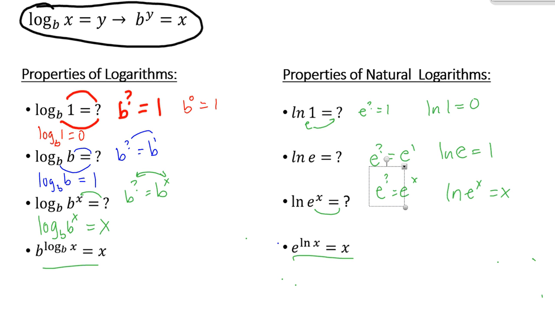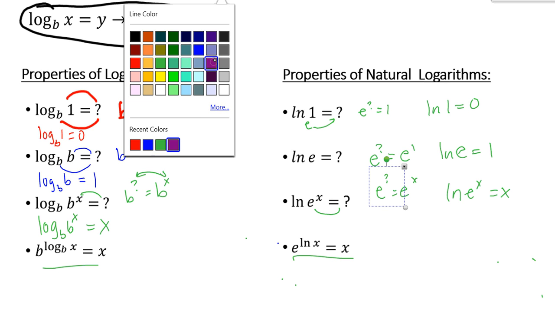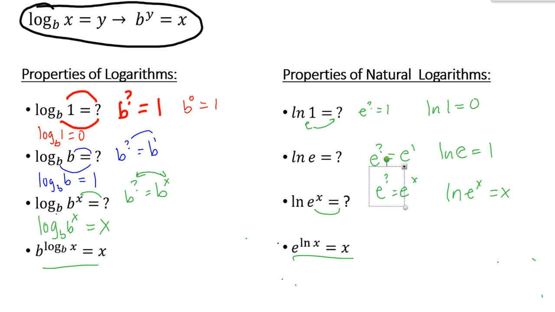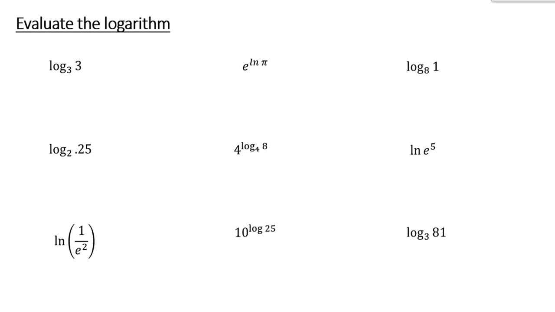Okay, so as far as these properties are concerned, they're all important, but one of the main ones that we're going to be using is this one right here. When you have something to a power and you take the log of that something with the same base, then basically they cancel each other out. So let me show you some.